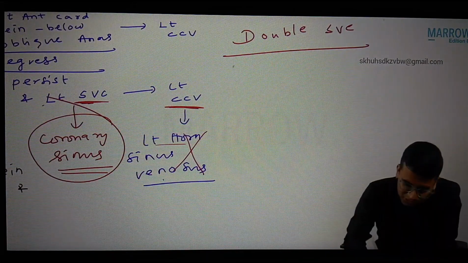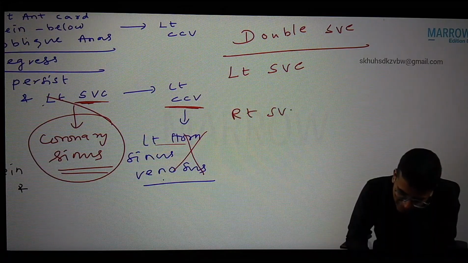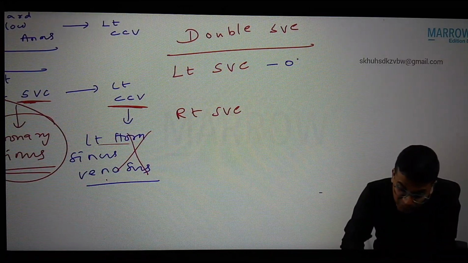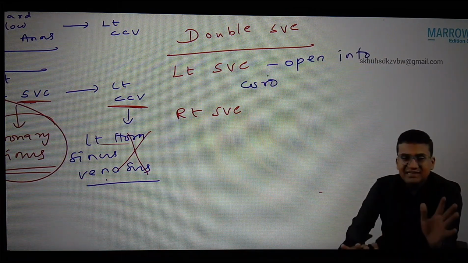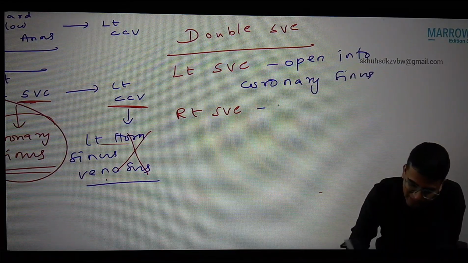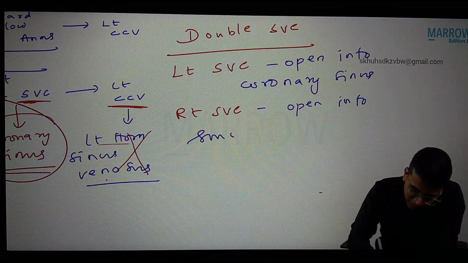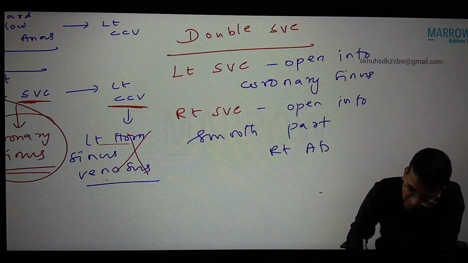The left superior vena cava opens into the coronary sinus, whereas the right superior vena cava opens into the smooth part of the right atrium.